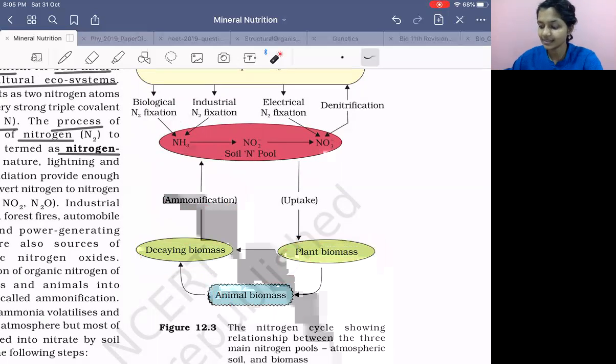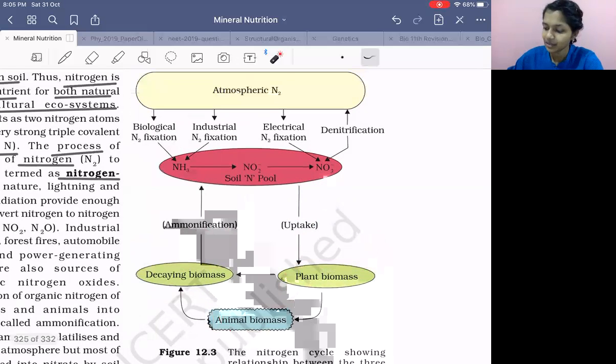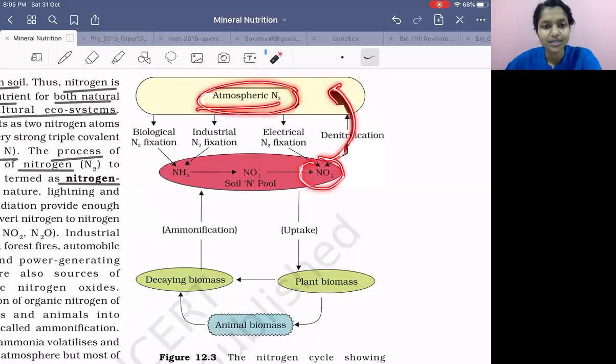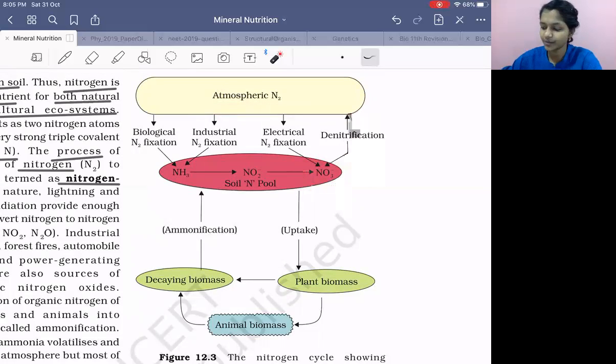All these will get absorbed by the plant, the plant will take it up. Some of the nitrate is absorbed by the plant, and some is going back to the atmosphere.